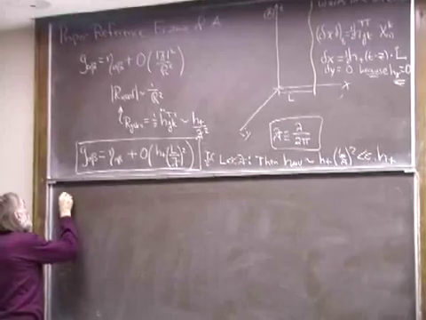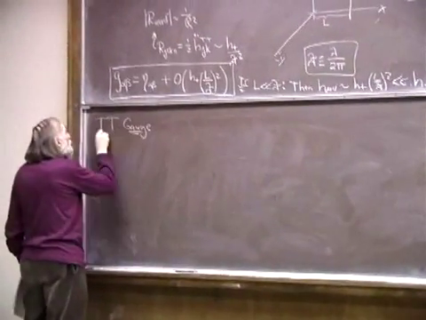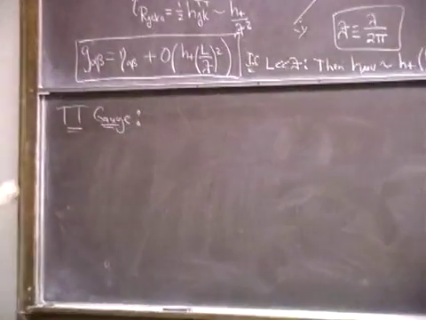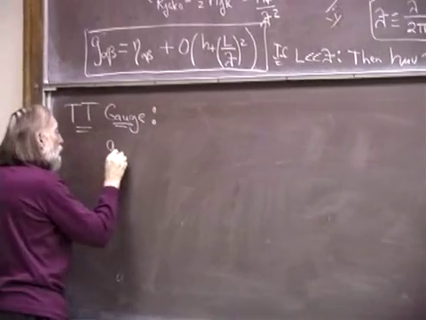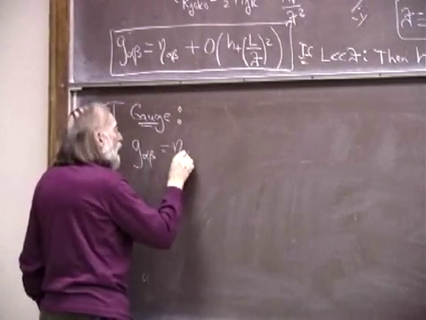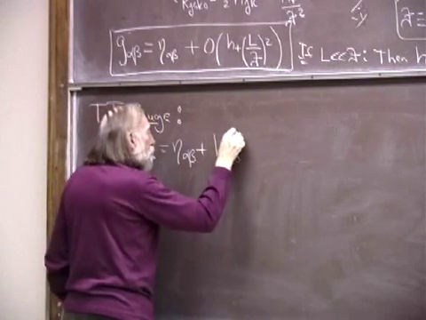The second is TT gauge. And we begin in TT gauge by writing down the metric perturbation. The metric in TT gauge, G alpha beta, is eta alpha beta plus H alpha beta transverse traceless.